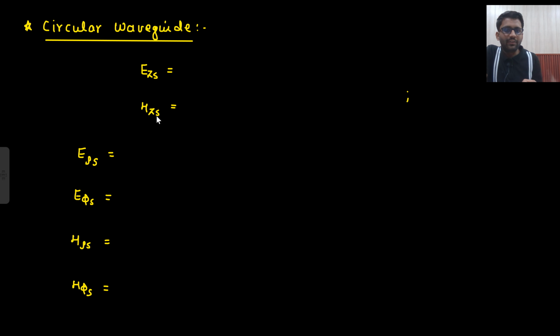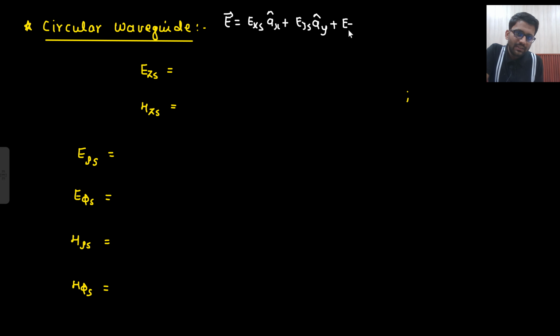In the rectangular waveguide, we saw that your E field would be EXS AX cap plus EYS AY cap plus EZS AZ cap. Similarly, your H field would be HXS AX cap plus HYS AY cap plus HZS AZ cap.